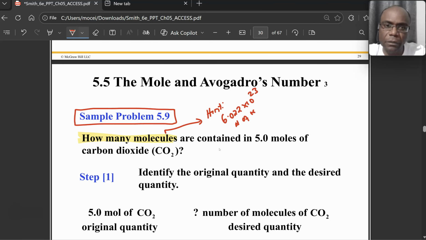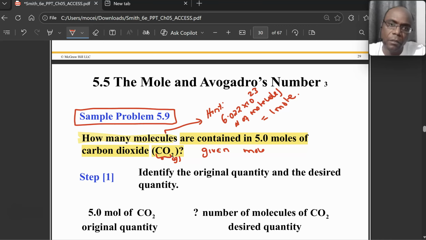We continue to read. How many molecules are contained in 5 moles of carbon dioxide? This is a molecule, it's a gas. So I'm given moles of CO2.